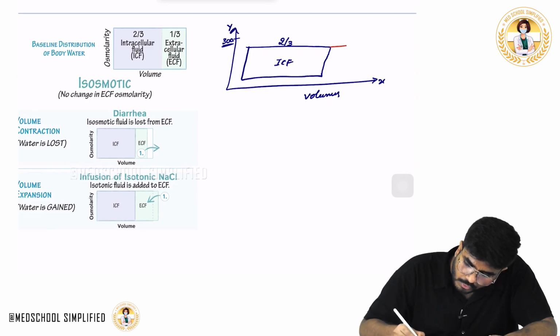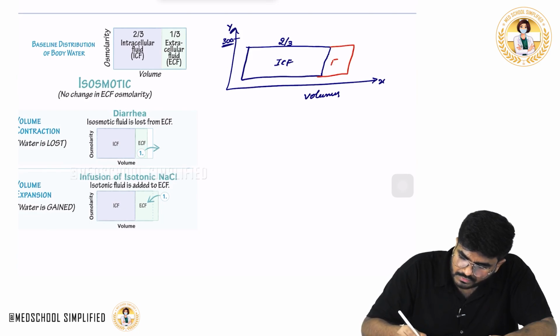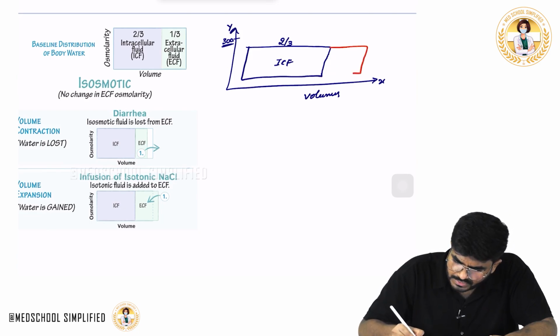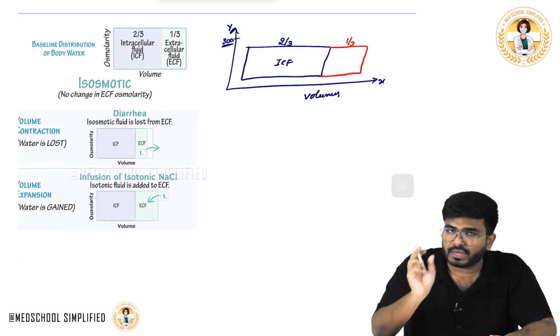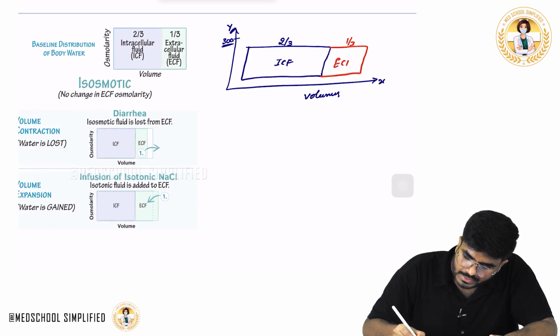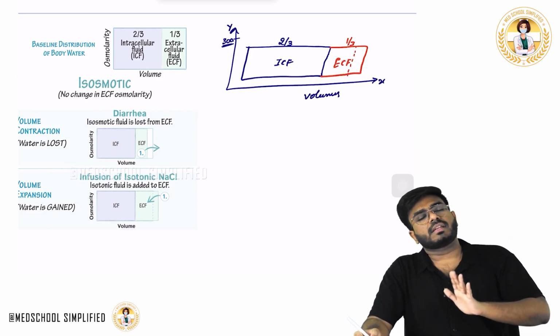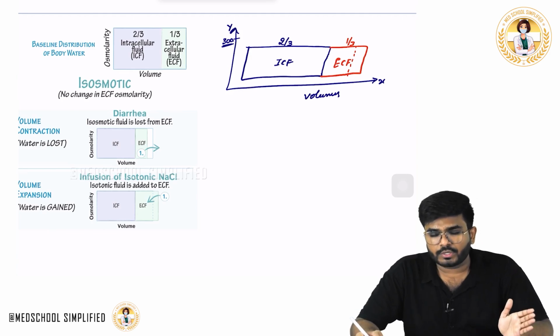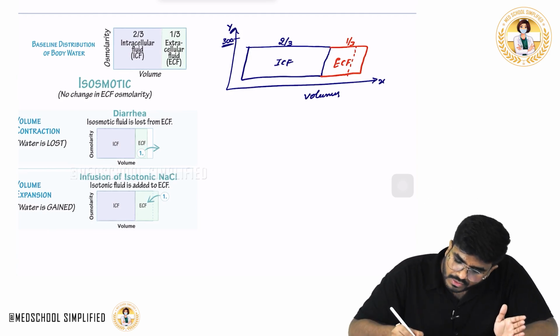Now, 1/3 of the total body water is going to be ECF, extracellular fluid. Extracellular fluid is going to be here. This is 1/3, so red is going to be small and the blue is going to be big. So here this is ECF. In the ECF, 3/4 of the ECF is going to be interstitial fluid and 1/4 is going to be plasma.